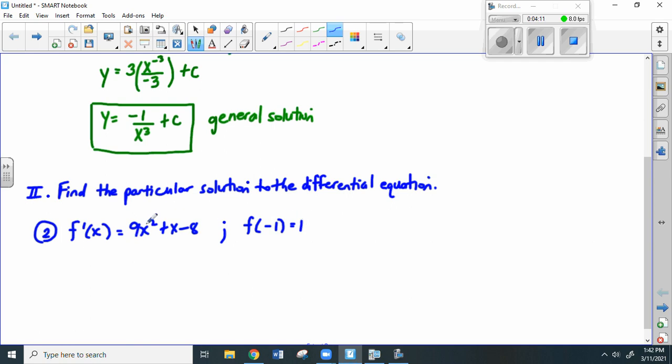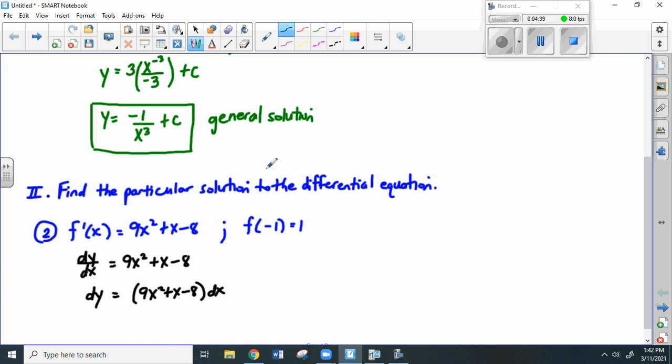Technically we don't integrate in this form because f prime of x doesn't actually have a dx attached to it. So when you're being really formal about it, you really should change this to dy over dx. Then you can move your dx over, because there has to be one in order for you to integrate.